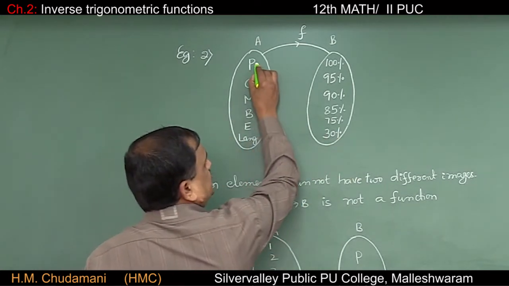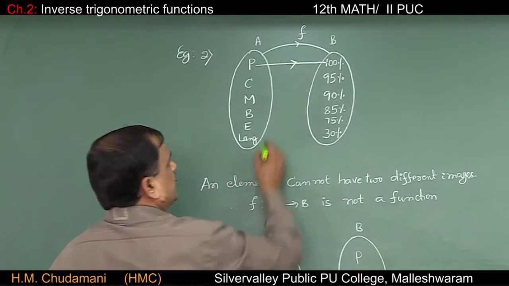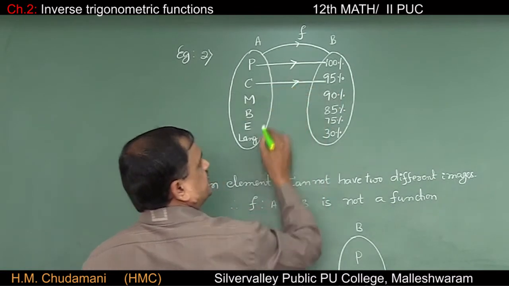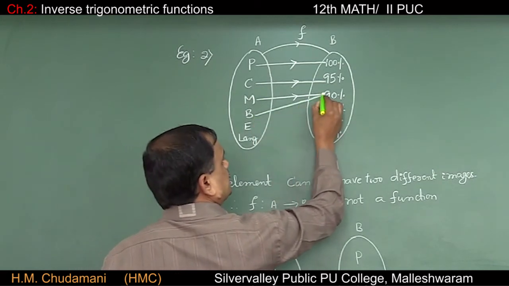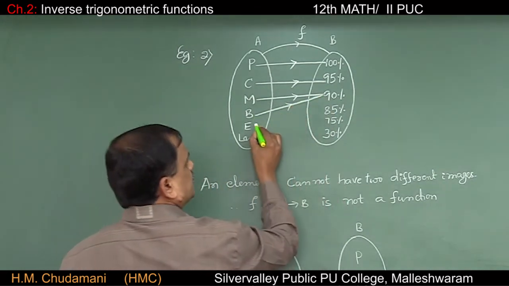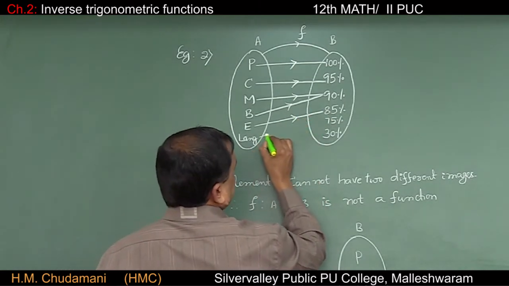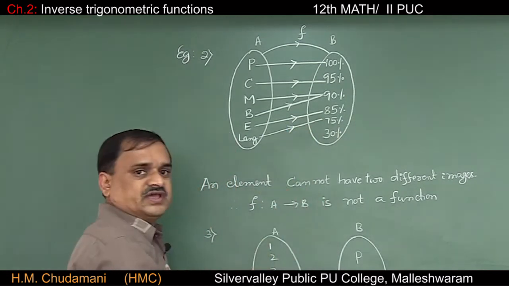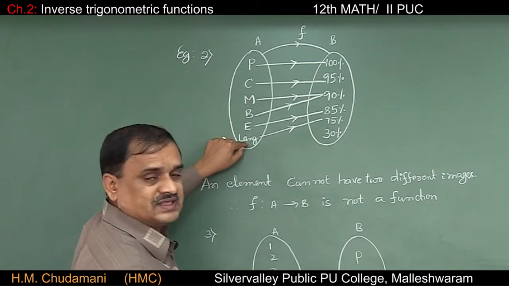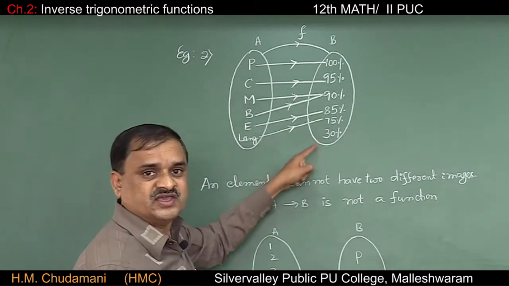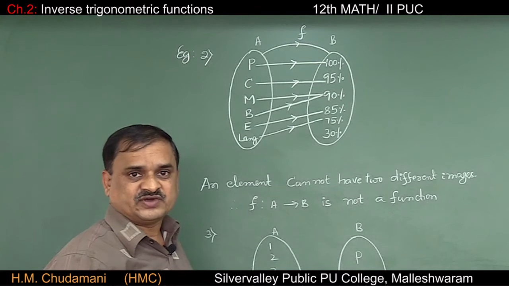Say a student gets 100 marks in physics, in chemistry he gets 95, in mathematics 90, in bio he gets 90 marks again, in English 85 let us say, and in language 75. See, each and every element of the set A has a unique image in set B. So in this case, this is a function.